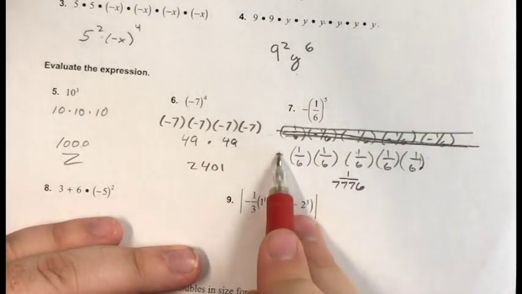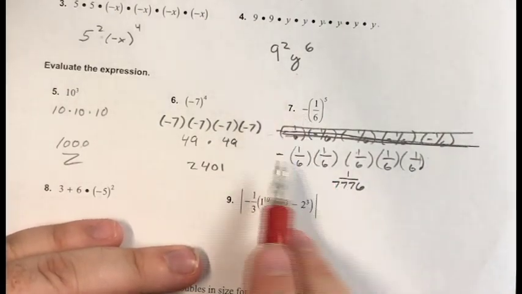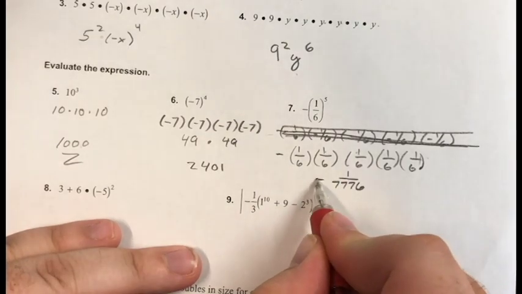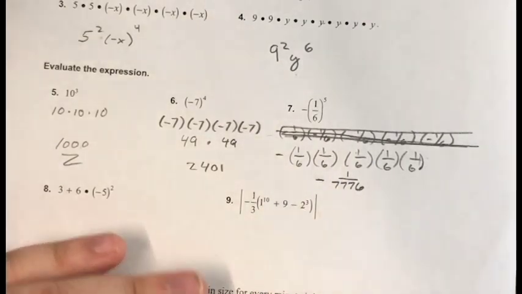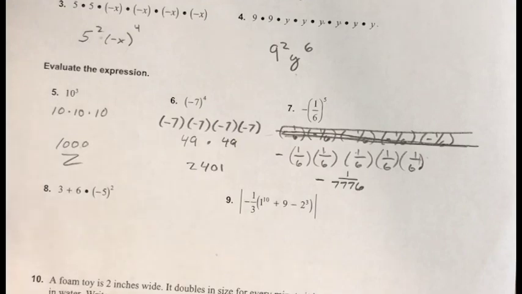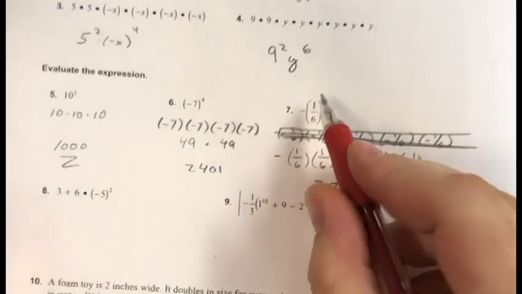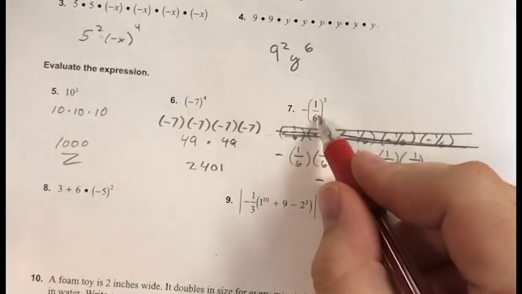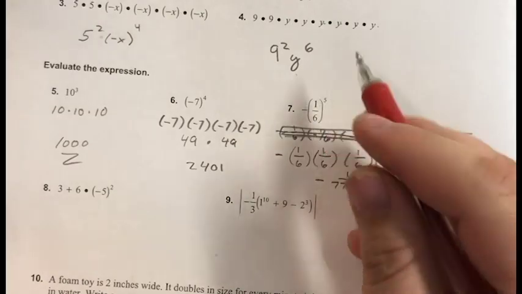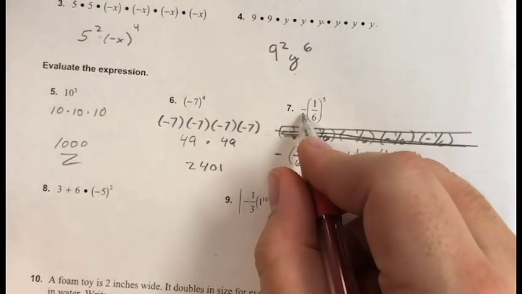And now don't forget that negative was on the outside the whole time, so we actually have to put it back. So the answer to this is actually going to be negative 1 over 7,776. Wow, that's pretty insane. So the moral of this story is when you get an exponent, it only affects the number that it's directly connected to. It's not connected to this negative.